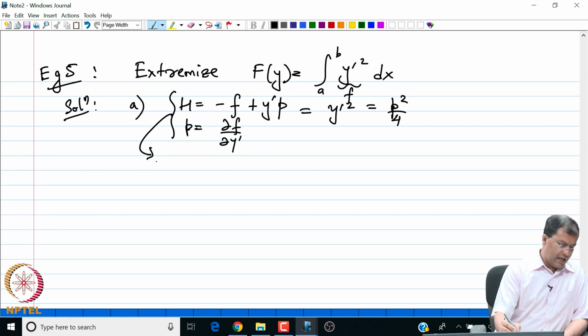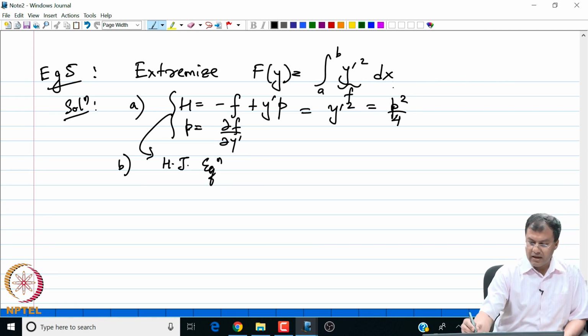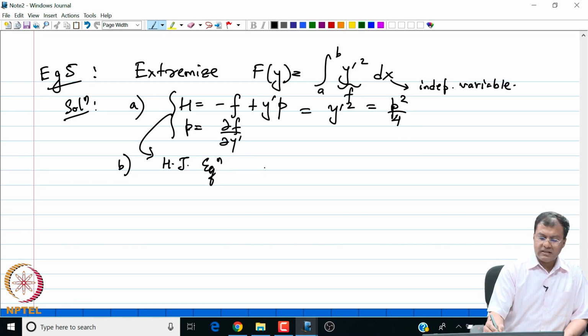Now, from here I can find the Hamilton-Jacobi equation. That is my step B. My Hamilton-Jacobi equation: my independent variable this time is x, so the derivative partial phi partial t will be partial phi partial x.